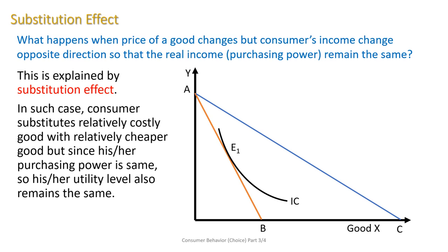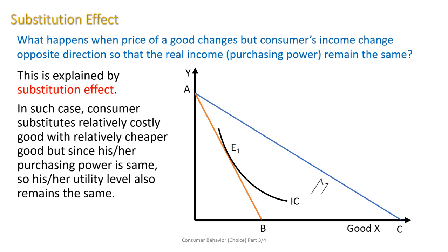However, the income of the consumer, the take-home income, also decreased, so that the purchasing power remained the same. This decrease in the income resulted in backward shifting of the budget line.